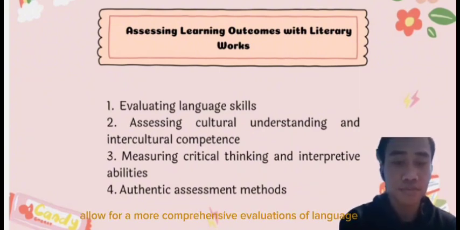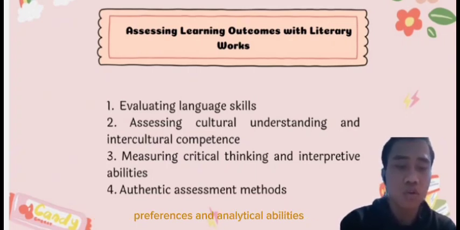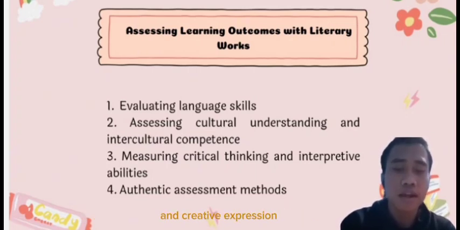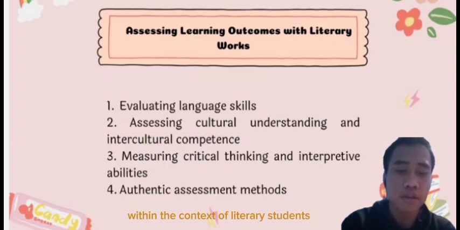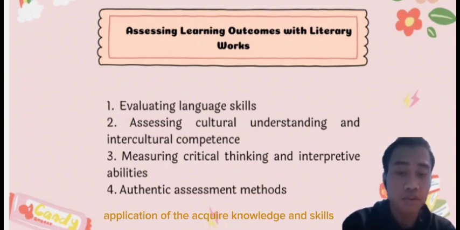These methods allow for a more comprehensive evaluation of language proficiency, analytical abilities, and creative expression within the context of literary study, reflecting real-world application of the acquired knowledge and skills.